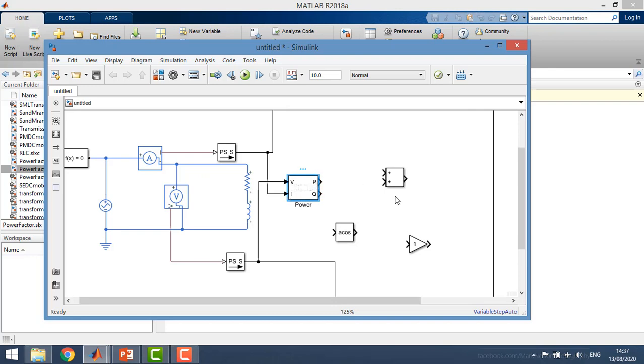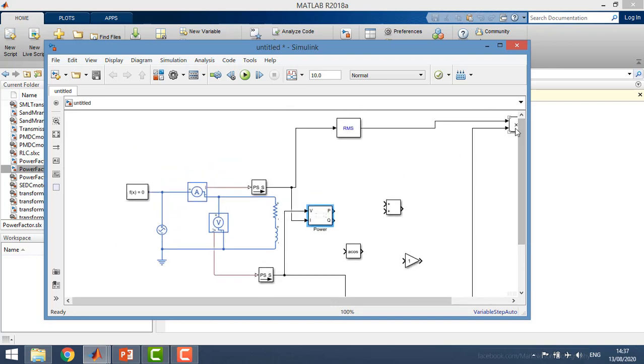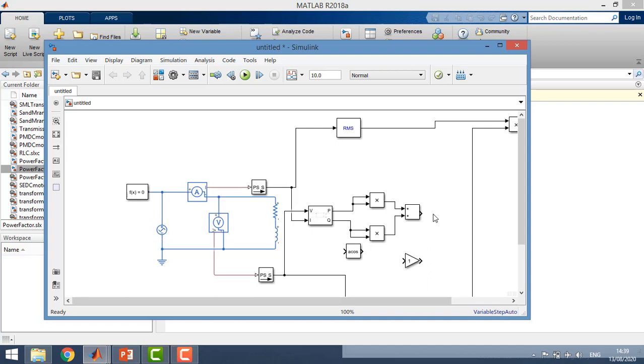Okay, so the active and reactive power, we can calculate the apparent power by taking the square value of the active and reactive power, adding them together, and then we have to take the square root of that signal.